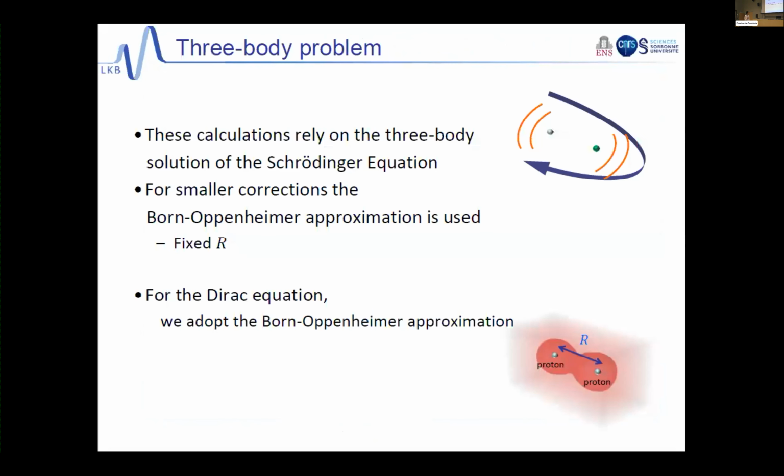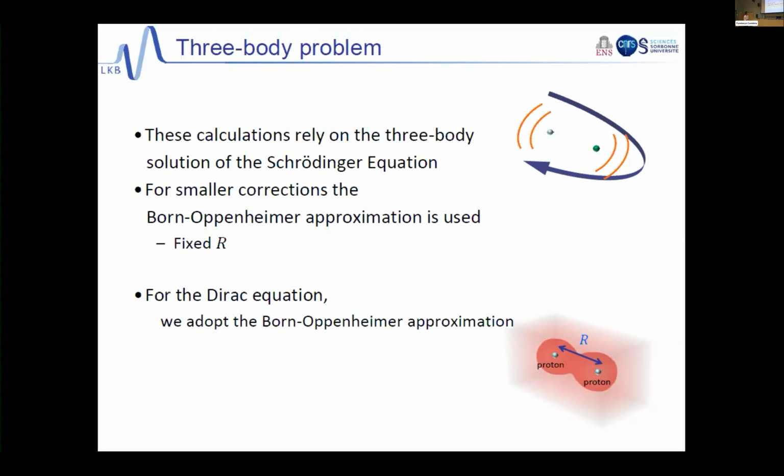I'm going to make a small digression to talk about it. These calculations rely on the three-body solution for the Schrödinger equation, which means that all three bodies are allowed to move with respect to each other.